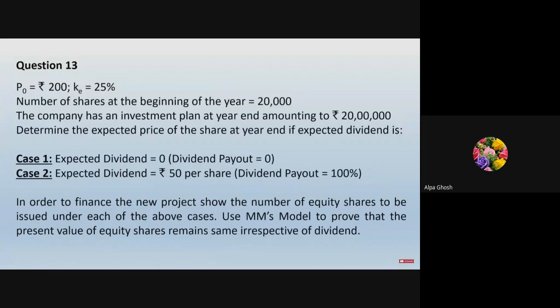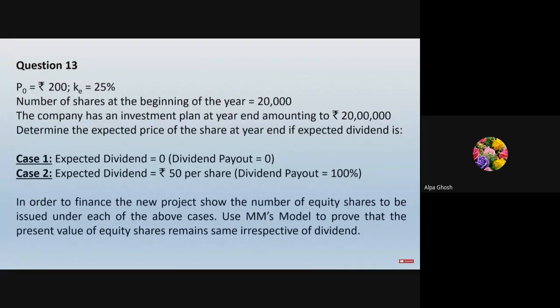Further, the question is informing you, in order to finance the new project, show the number of equity shares to be issued under each of the above cases. And last line in the question says, use MM's model to prove that the present value of equity shares remains same irrespective of dividend.